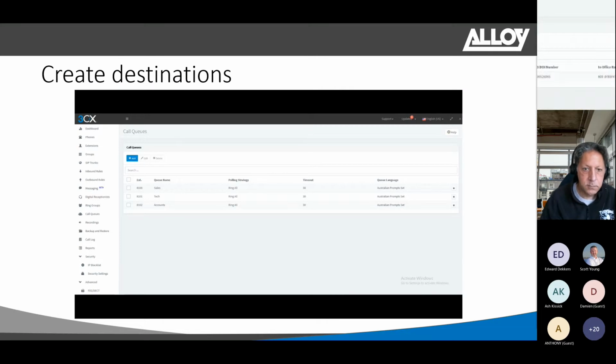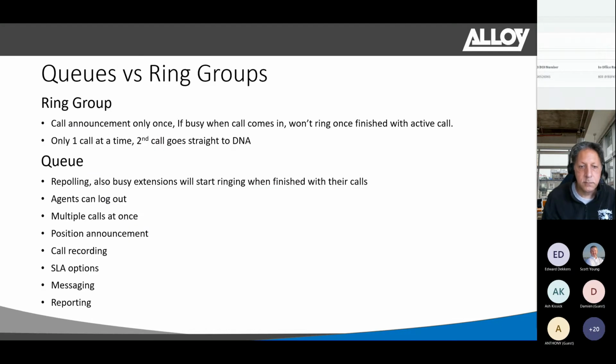You might quickly ask yourself, what's the difference or the benefit of queues and ring groups? A ring group is literally very basic. The call announcement is done only once. If you're busy when the call comes in, it won't ring once you're finished with the active call. For example, you have three people in a ring group, a call comes in, and the other ones are occupied with something else.